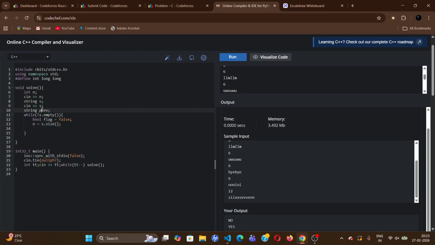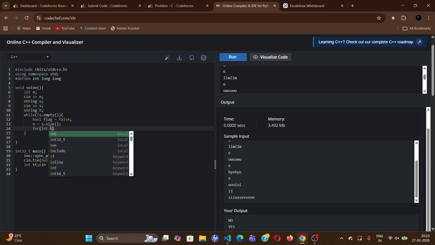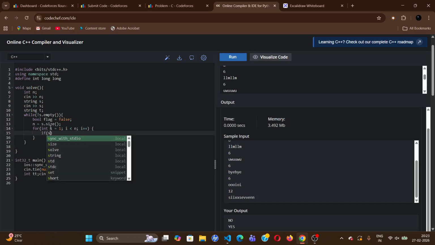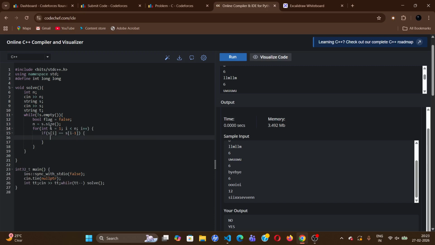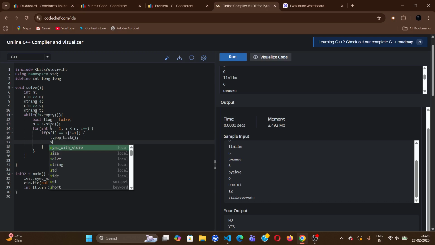Start size now. In that case, t dot pop back and i will be plus plus again.